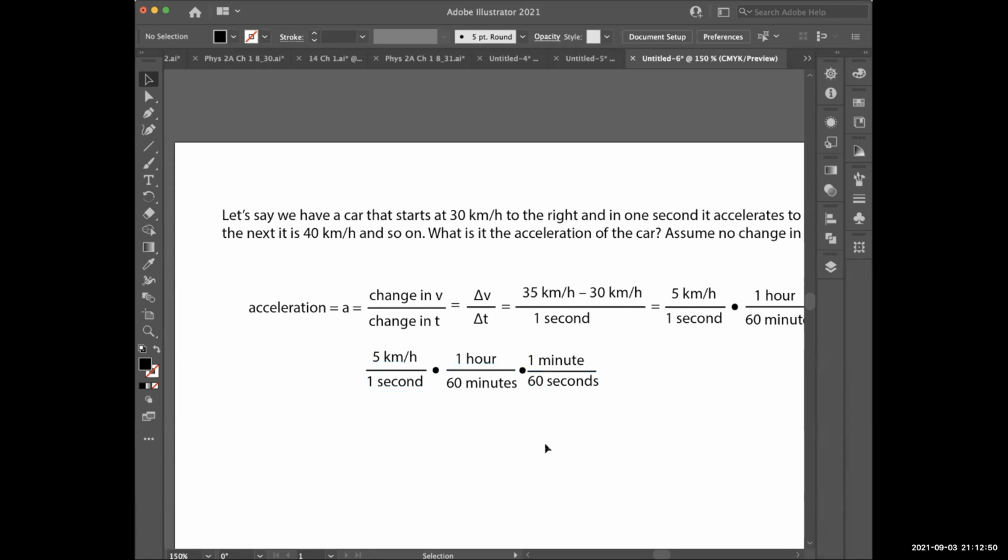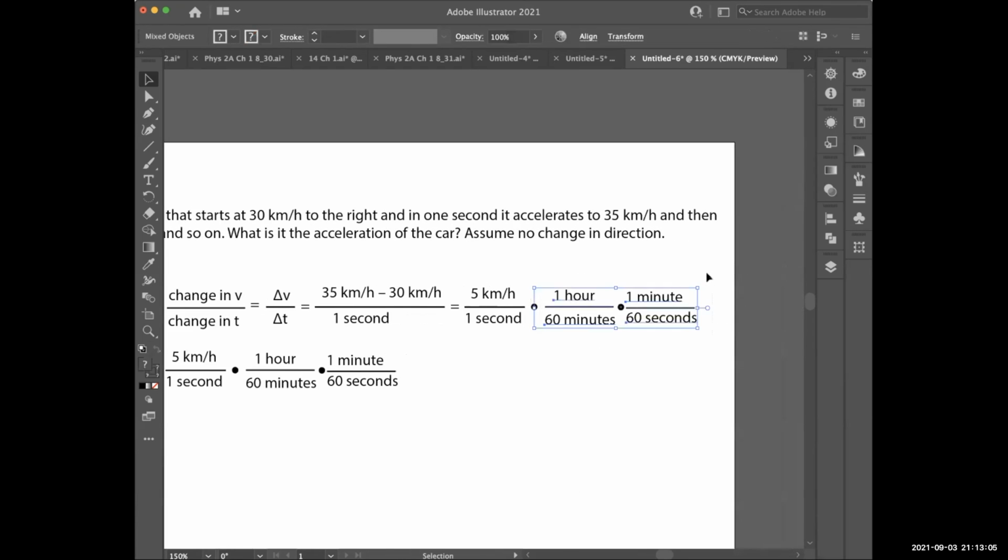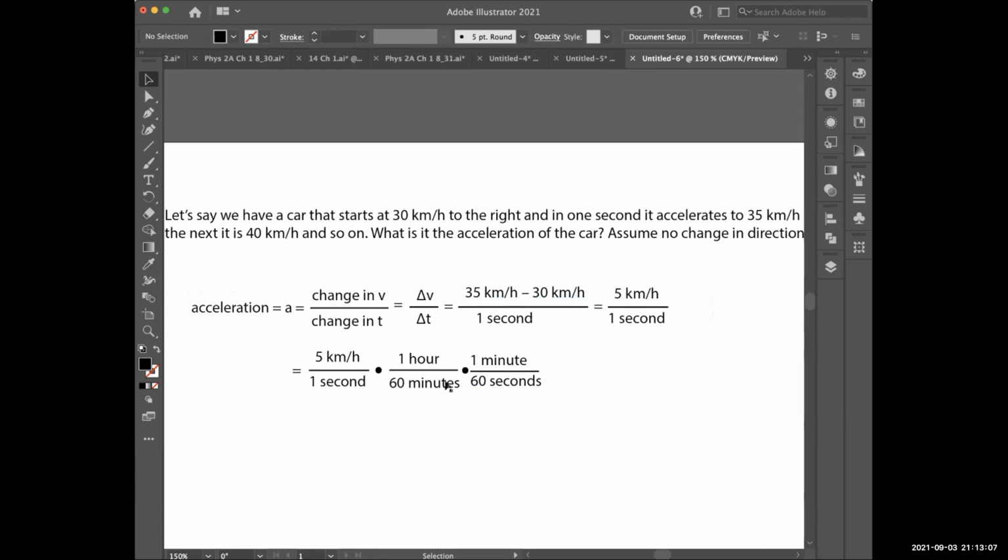I have another question then. I haven't had a chemistry class in a while, but how did you get rid of the seconds if you multiply by the hour? Wouldn't you have to get rid of the seconds and then convert into minutes, then from minutes to hours? So I'm not getting rid of the seconds, I'm getting rid of the hours, actually.